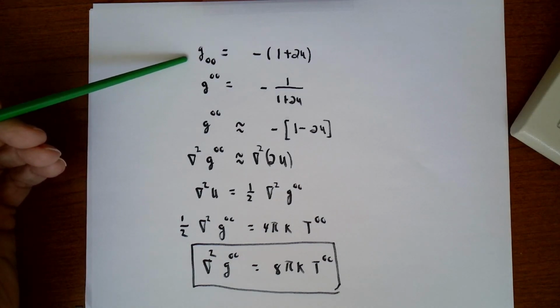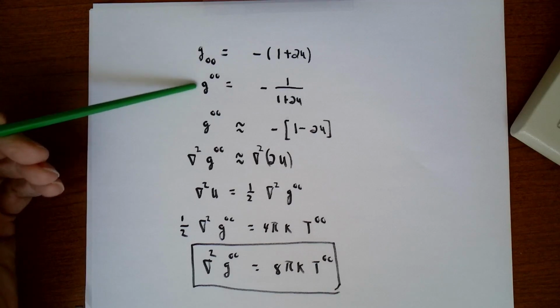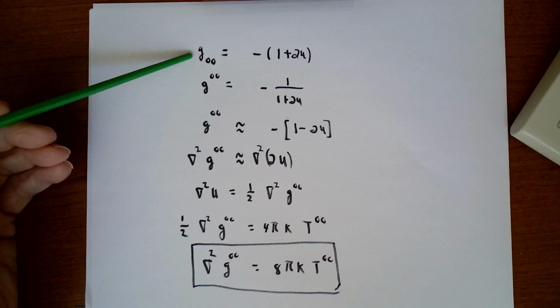G00, with its indexes in the downstairs position, is the negative of 1 plus 2 times the potential. On the other hand, the metric in the toy problem is diagonal. The entry G00 in the upstairs is just the entry in position 00 of the inverse matrix to these.